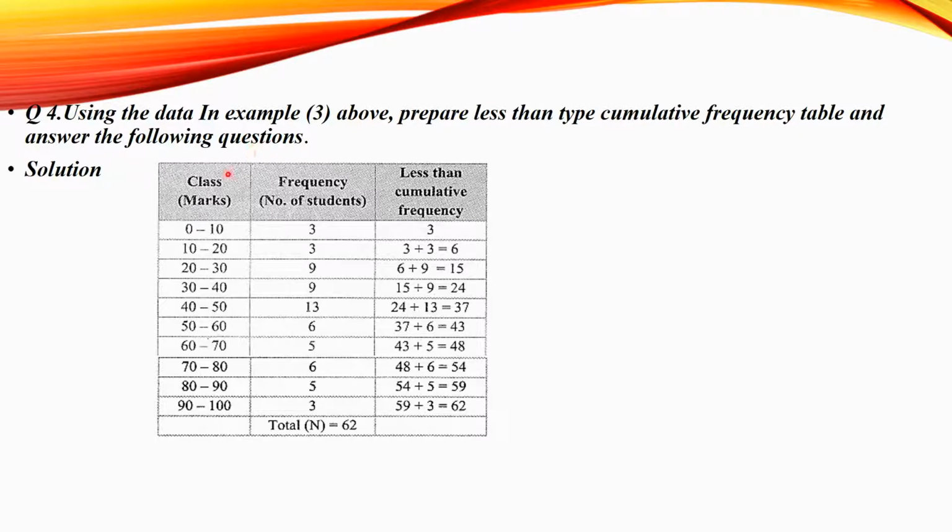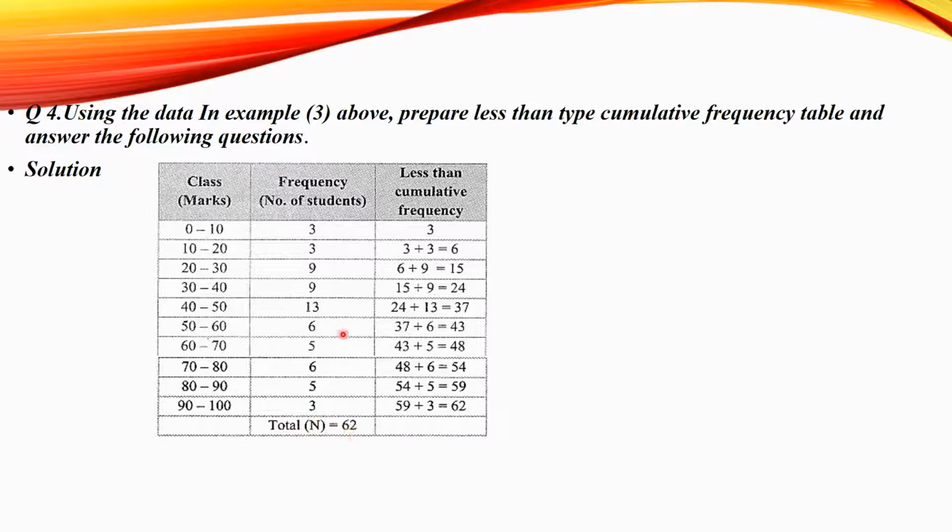So, the table of question number 3: 0 to 10 frequency was 3, 10 to 20 frequency is 3, 20 to 30 frequency is 9, 30 to 40 frequency is 9, 40 to 50 frequency is 13, 50 to 60 frequency is 6, 60 to 70 frequency is 5, 70 to 80 frequency is 6, 80 to 90 frequency is 5, and 90 to 100 frequency is 3. Total frequency n is equal to 62.